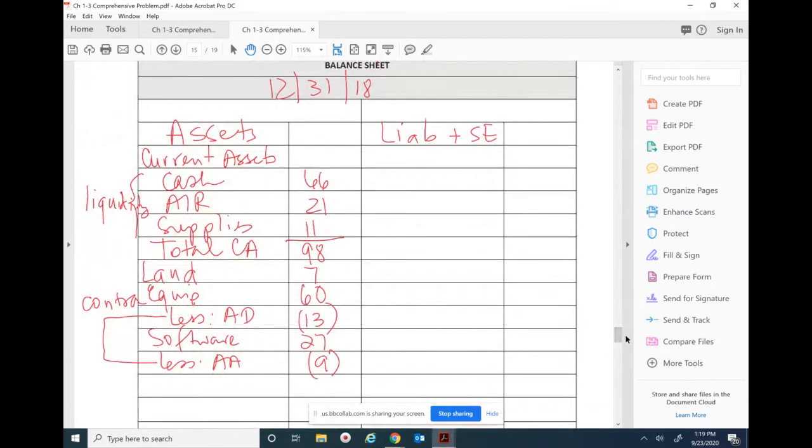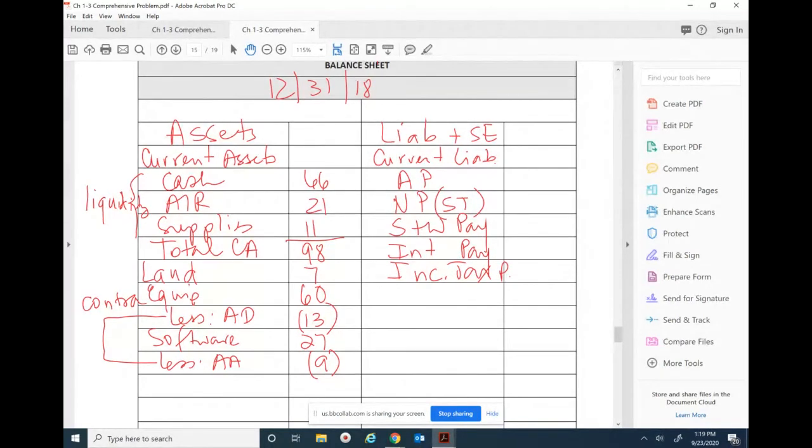On the liabilities and stockholders' equity side, just like I started with current assets on the asset side, I have to list current liabilities first. And current liabilities here are accounts payable, notes payable short-term, salaries and wages payable, interest payable, income tax payable.